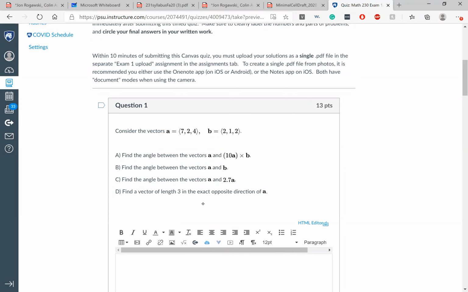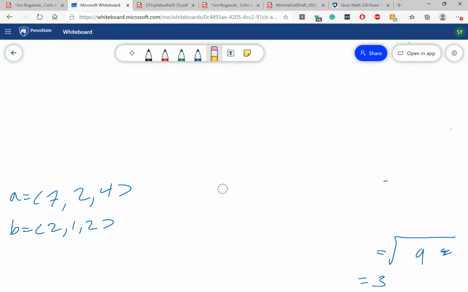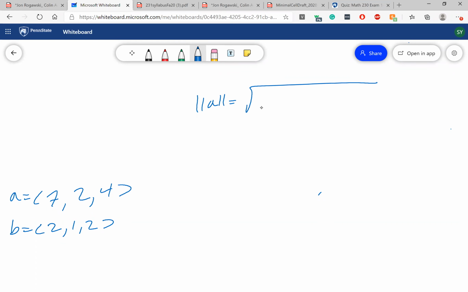The easiest way to do this problem is to first find the unit vector of a. So we need to find the magnitude again. Like we said, the magnitude of a is equal to the square root of 7 squared plus 2 squared plus 4 squared plus 2 squared. And then a over the magnitude of a, that's our unit vector. I'm going to call that u hat, our unit vector in the direction of a.